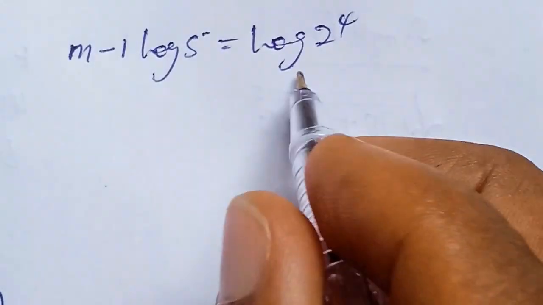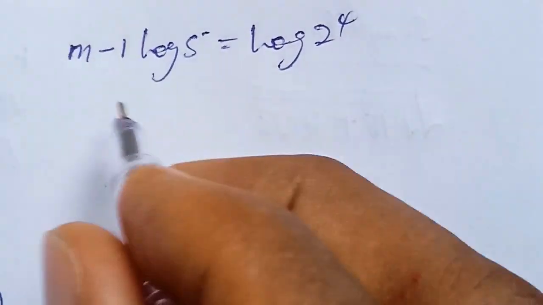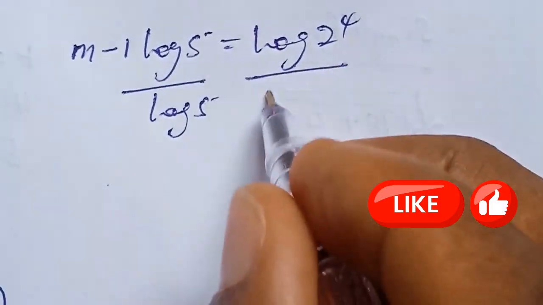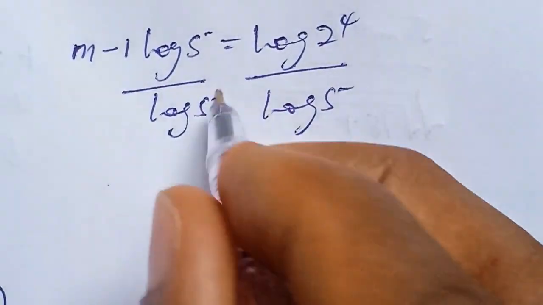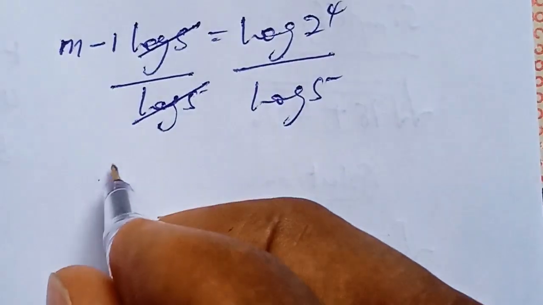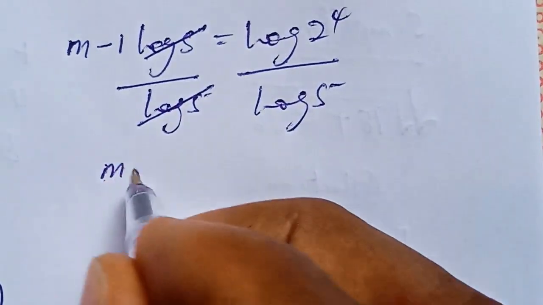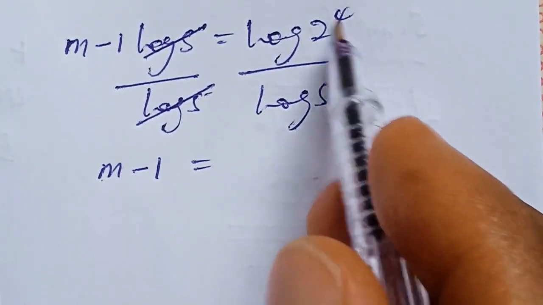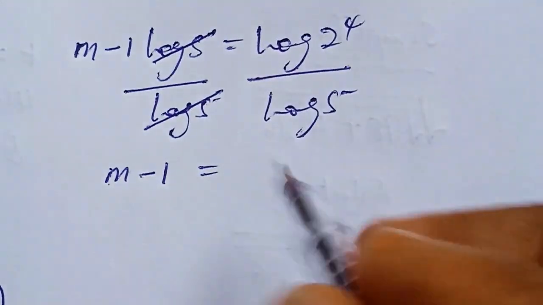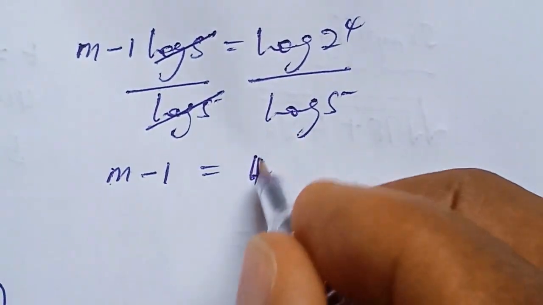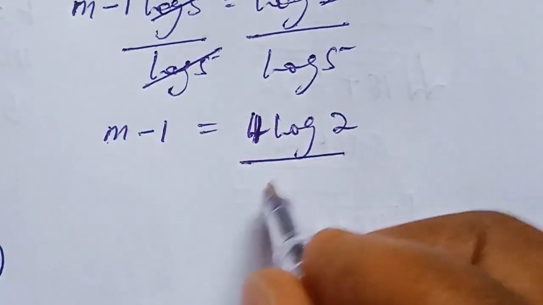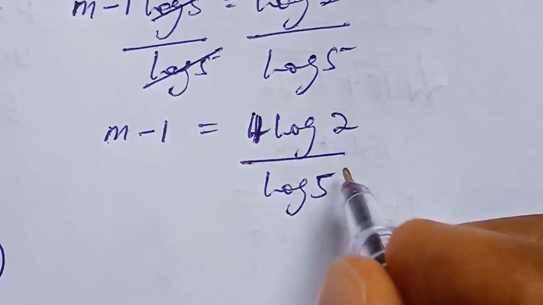Here we can divide all through by log 5, so the log 5 cancels. We have at the left hand side m minus 1 equal to, this can also come down to the base, 4 log 2 over log 5.